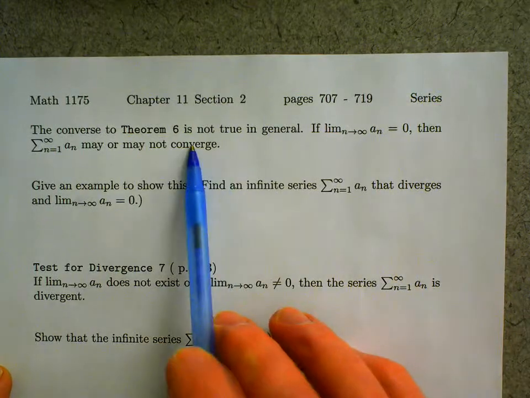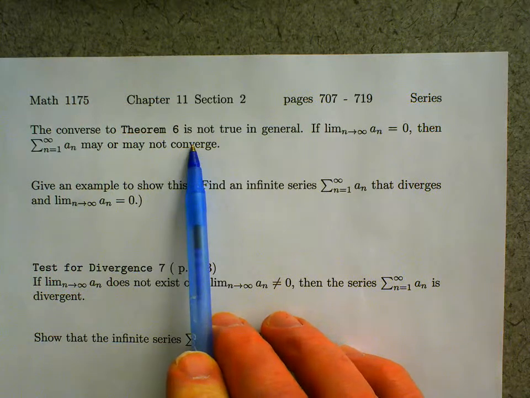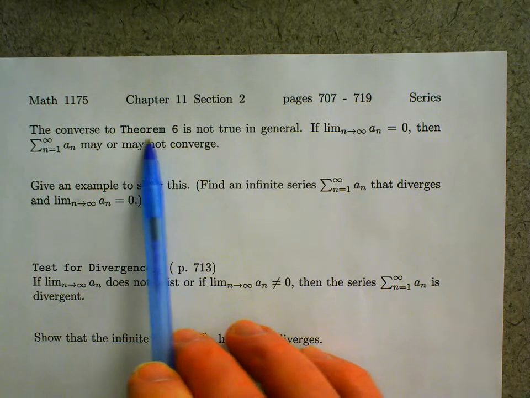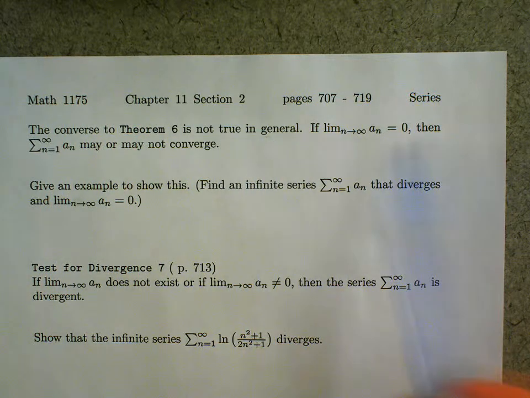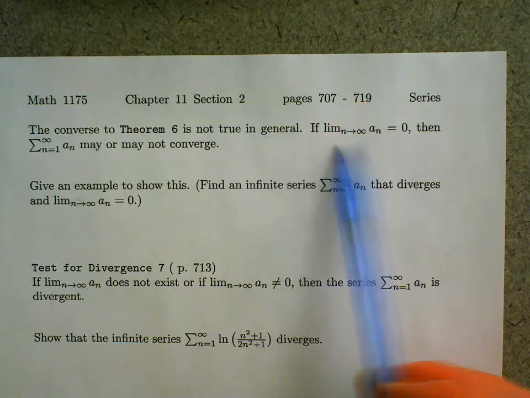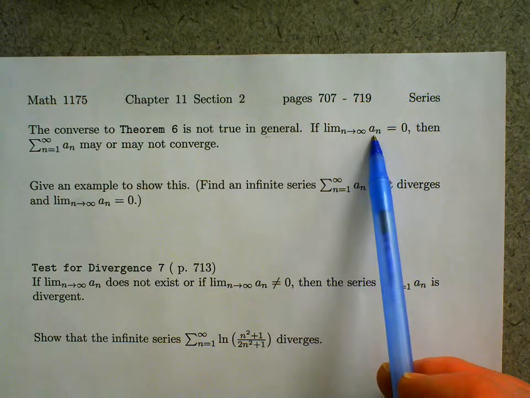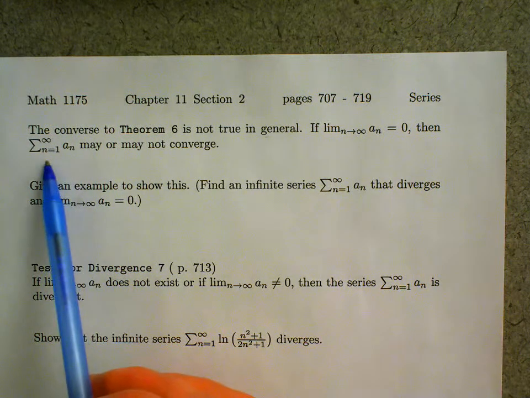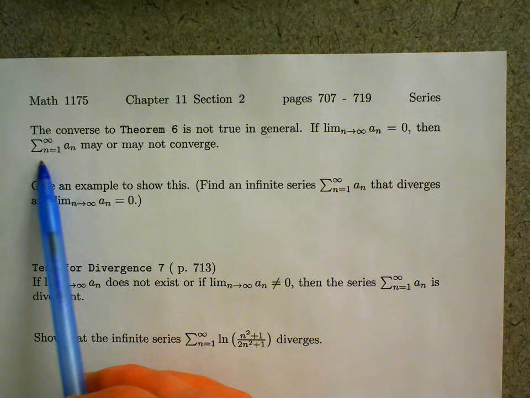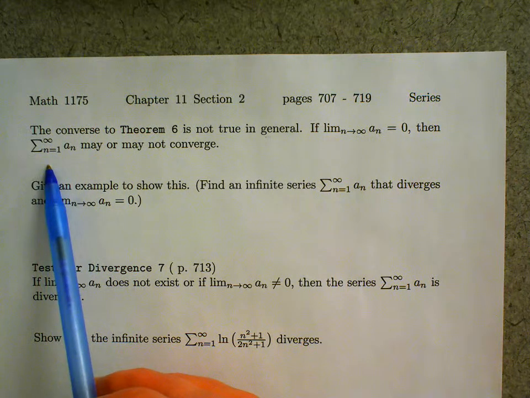Here's something important about Theorem 6. The converse to Theorem 6 is not true in general. If you have an infinite series, and it turns out that the limit of the a sub n sequence is equal to 0, the corresponding infinite series may or may not converge.